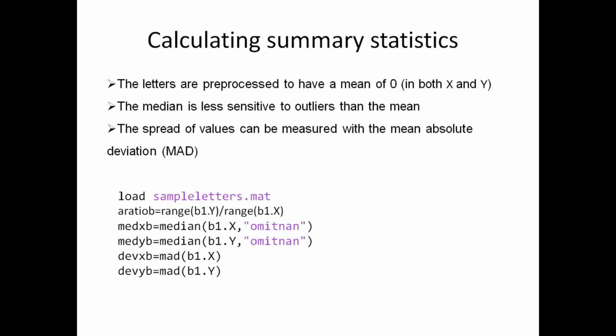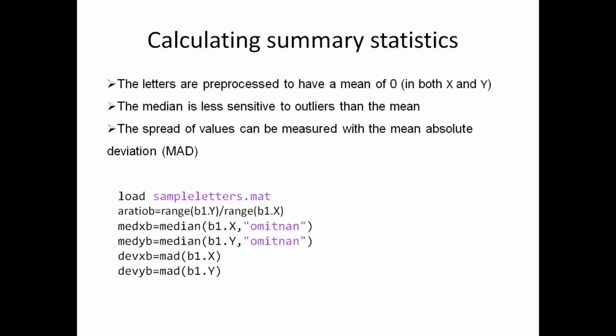We can also calculate the spread of values using the mean absolute deviation function, that is the MAD function in MATLAB, that tells you the spread of values. As you can see in the code, we are using the median function and this MAD function for calculating the median and mean absolute deviation for the X position and Y position.